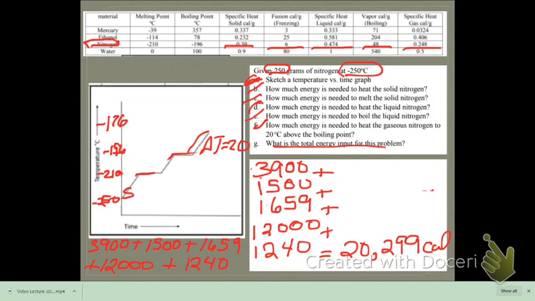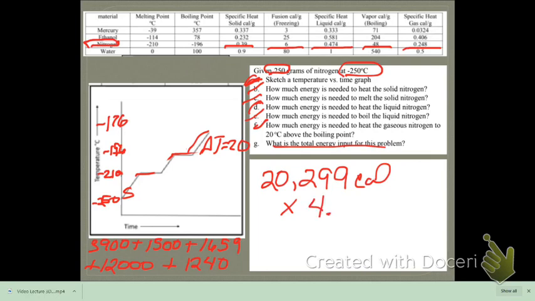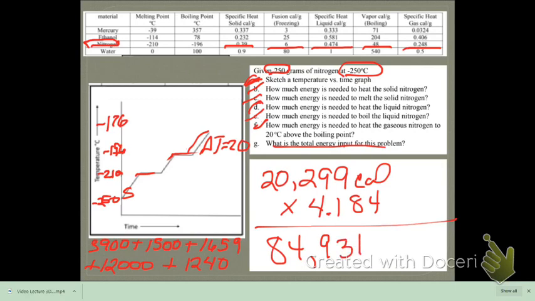Okay, so if I know that I have 20,299 calories, and I want to convert them into joules, I would multiply this by 4.184, and when I do that, that is going to give me 84,931.016 joules.